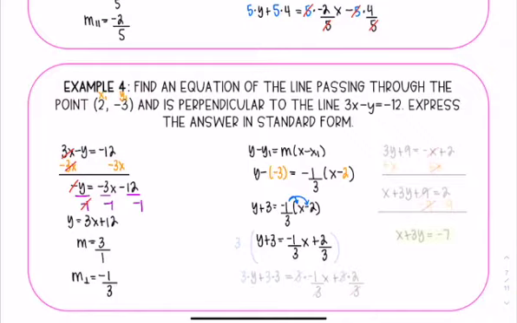And so we want to multiply everything by 3 so that I can get rid of the denominators. And so what we end up getting is 3 times y plus 3 times 3 equals 3 times negative 1/3 x, and then we get 3 times 2/3.